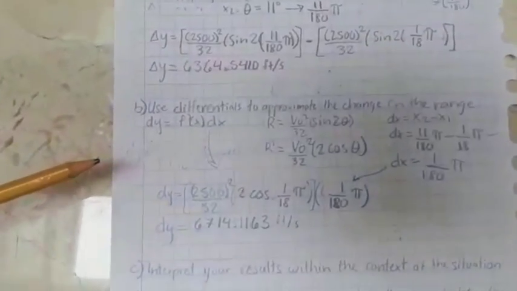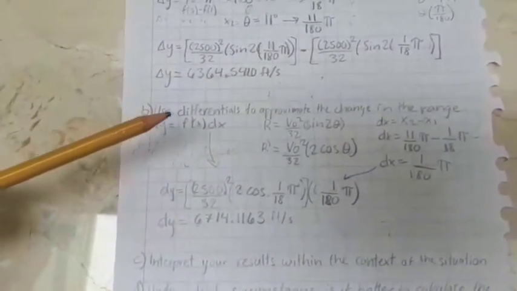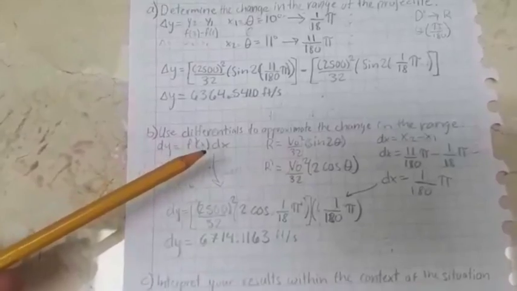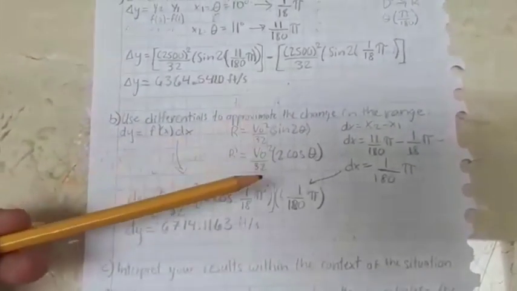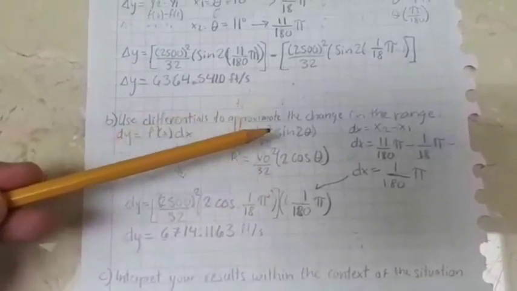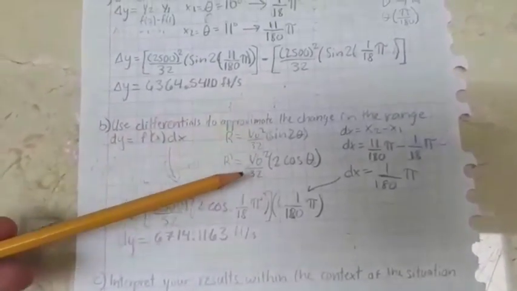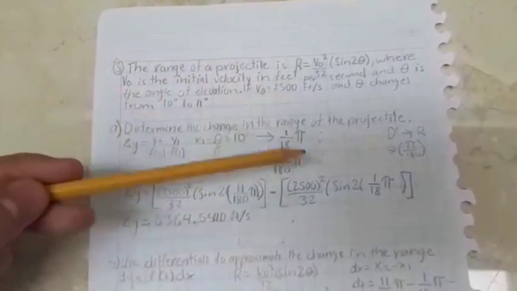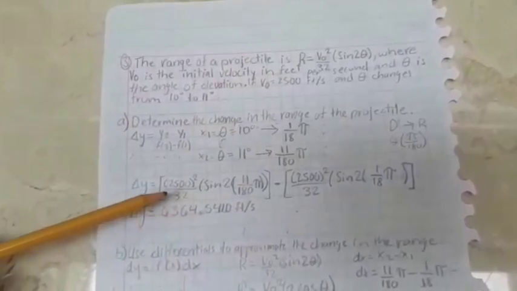Now in letter B, we're asked to determine the approximate change using differentials. The formula is dy equals the derivative of the function times dx. The initial velocity squared divided by 32 stays the same because the initial velocity of 2500 is constant in both, so that doesn't change.